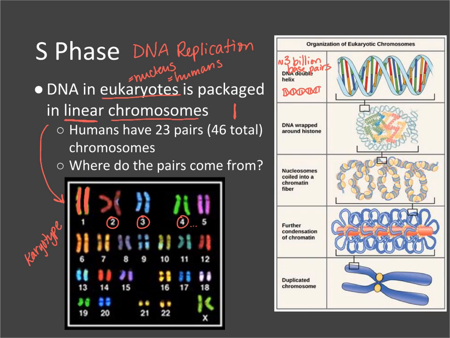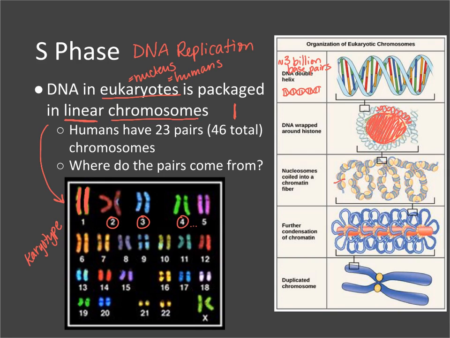So it needs to be organized to keep it from getting tangled so that the cell can actually access the genetic information that it needs when it needs it. So this DNA gets wrapped around these proteins called histones. And so this protein here would be a histone with that double helix of DNA kind of wrapped around it.